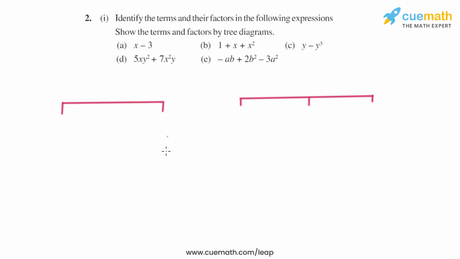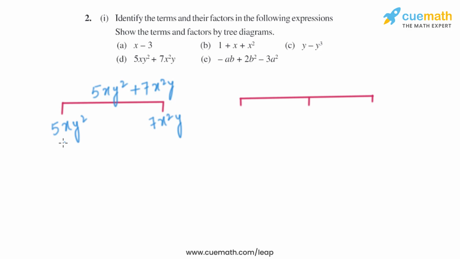Now let's move on to the D part. The expression that is given is 5xy square plus 7x square y. So the terms are 5xy square and 7x square y.